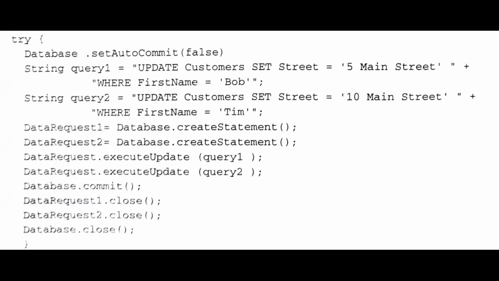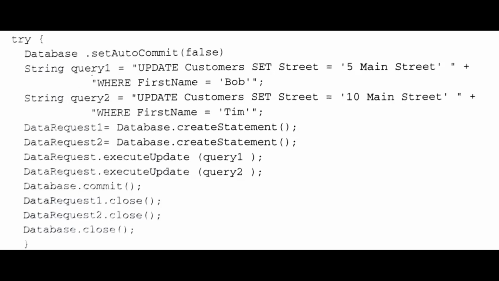Before this, connecting to the database and loading the driver are all the same. The first thing we have to do is database dot set auto commit, and we choose false, which means we are deactivating the auto commit feature. Unless and until we put the commit command, no changes will be stored in the database. So we are setting auto commit to false. That is the first step.